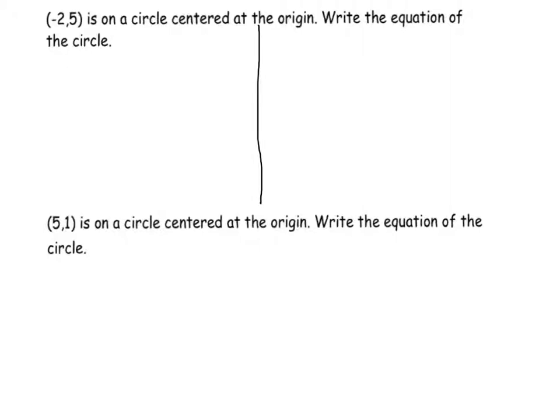In the first way, I am going to take the equation x squared plus y squared equals the radius squared, and simply substitute in the ordered pair negative 2, 5 for x and y. So negative 2 squared plus 5 squared equals the radius squared.